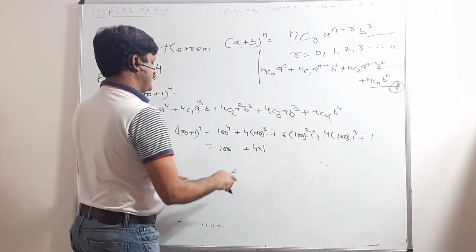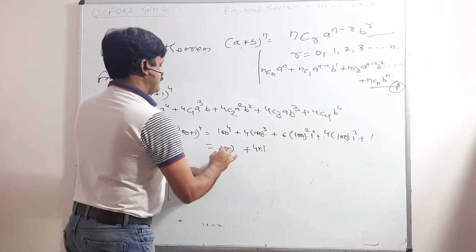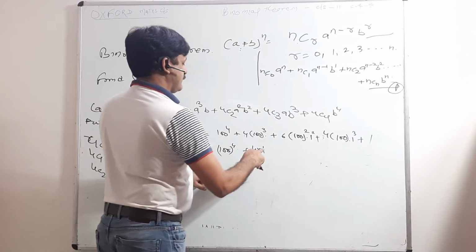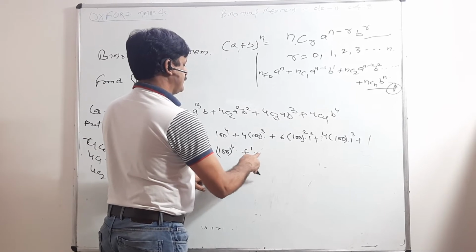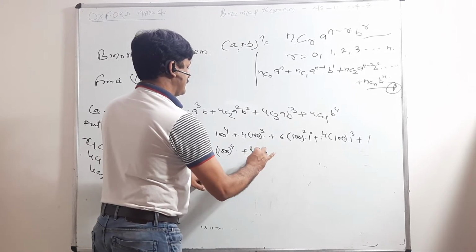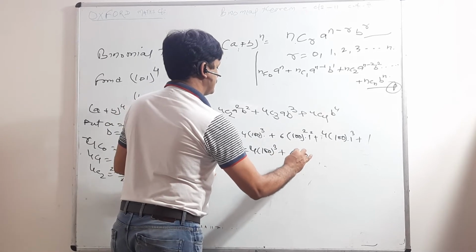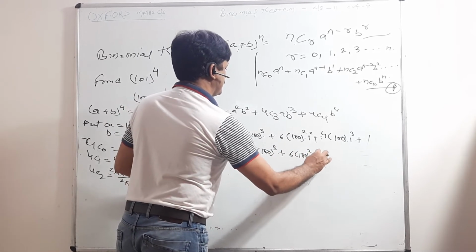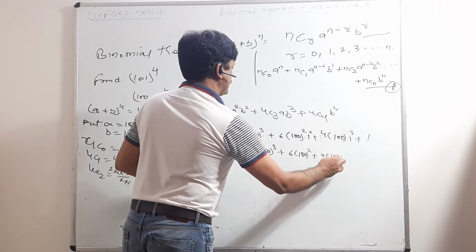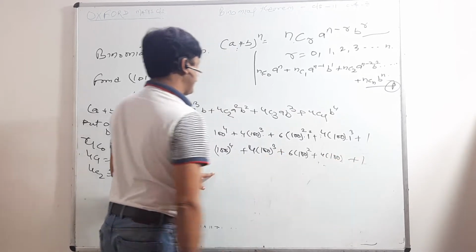We keep this in the same form, that is 4 into 100 cube plus 6 into 100 square plus 4 into 100 plus 1.